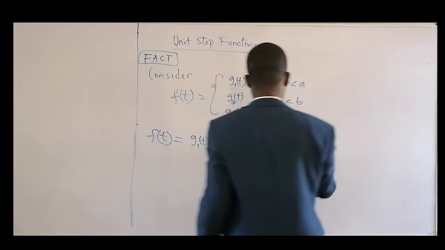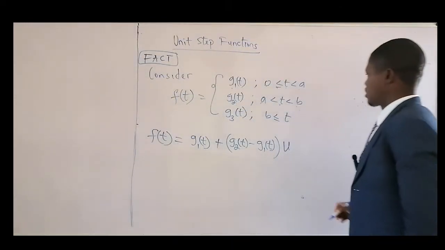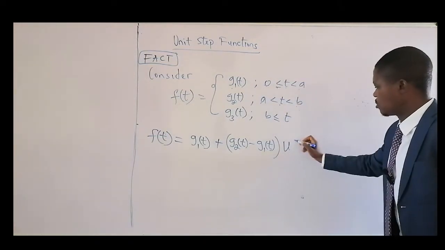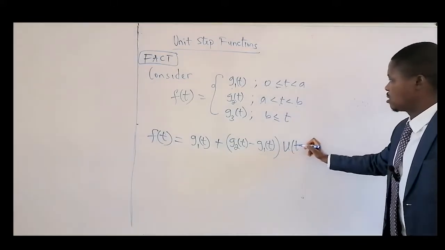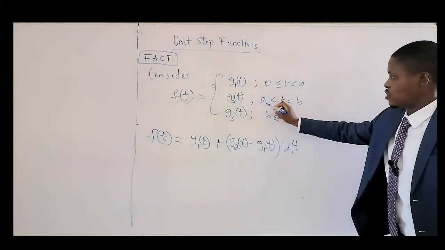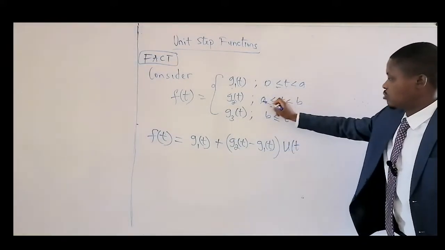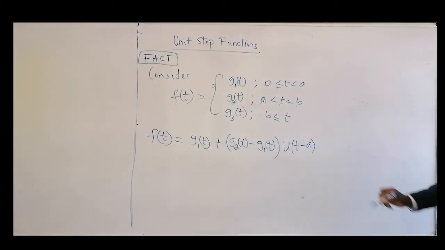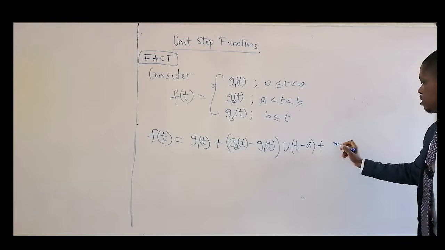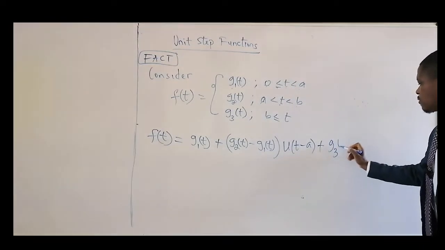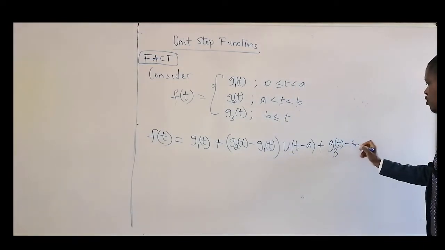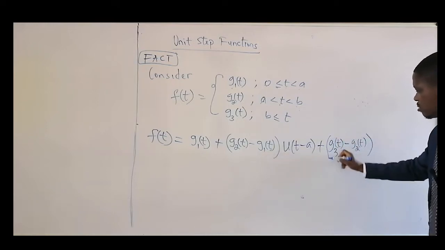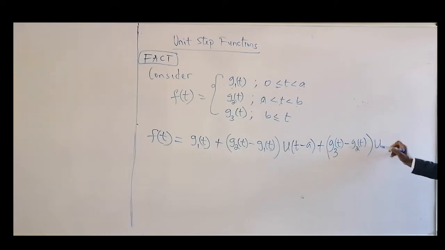And then the unit step function will be u of t minus a, the one at the middle, and what you have here and what you have here must be the same thing, minus a. Then the third one will be g3 as a function of t minus g2 as a function of t, close that. Then the unit step function will be equal to what?